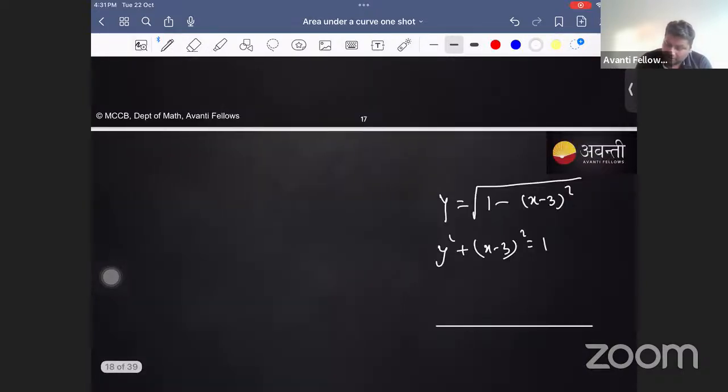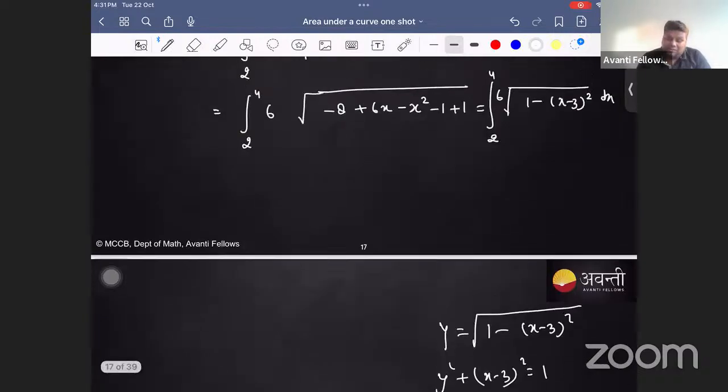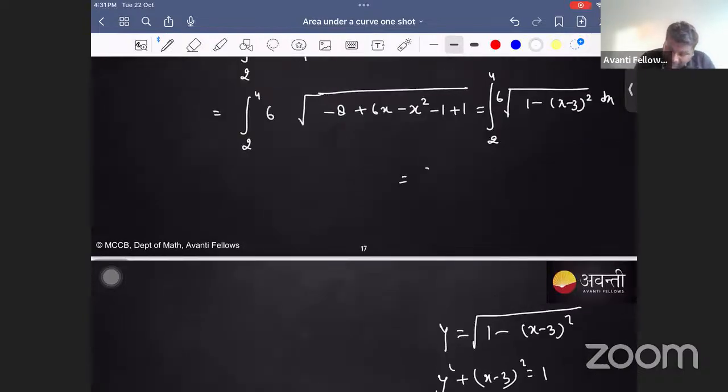So this is a circle of radius 1 and center (3, 0). They are asking for 2 to 4, so they are asking for this area of semicircle. So we can be little quick in this case. 6 times pi into 1 square upon 2. Got it? So it will come 3 pi.